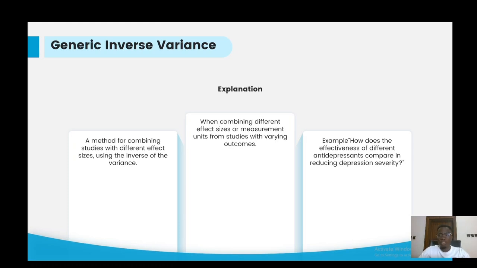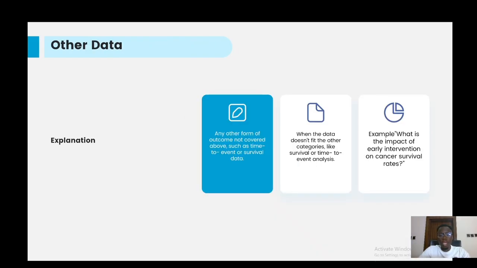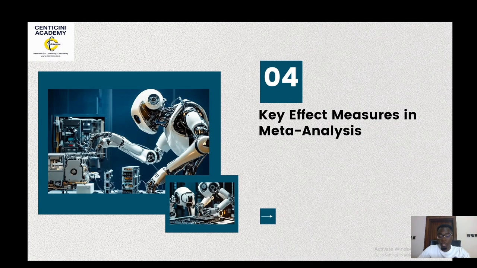So we're going to explain this in more detail. Don't worry, we will when we explain how to enter data into RevMan.